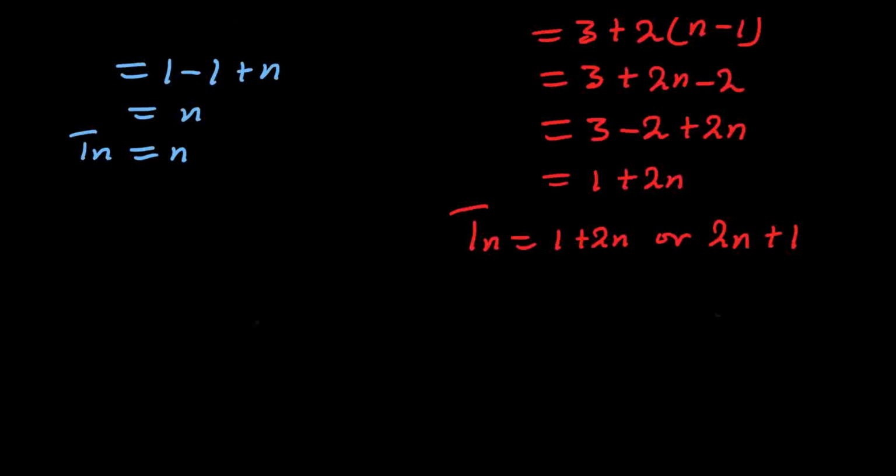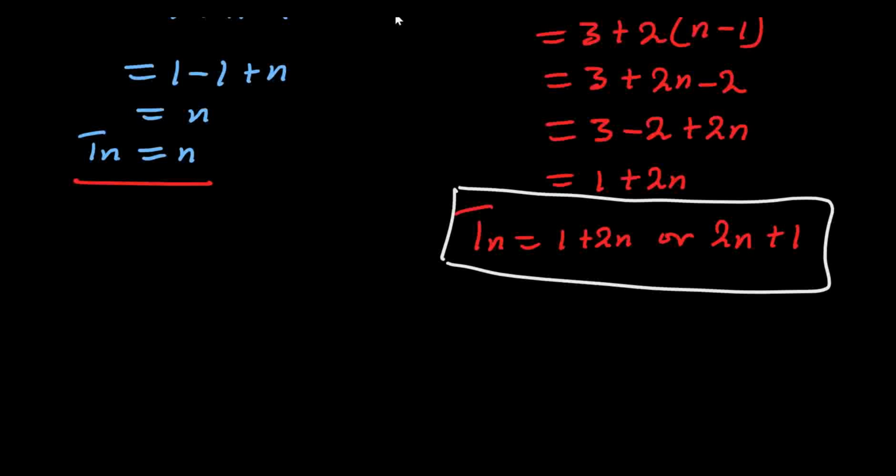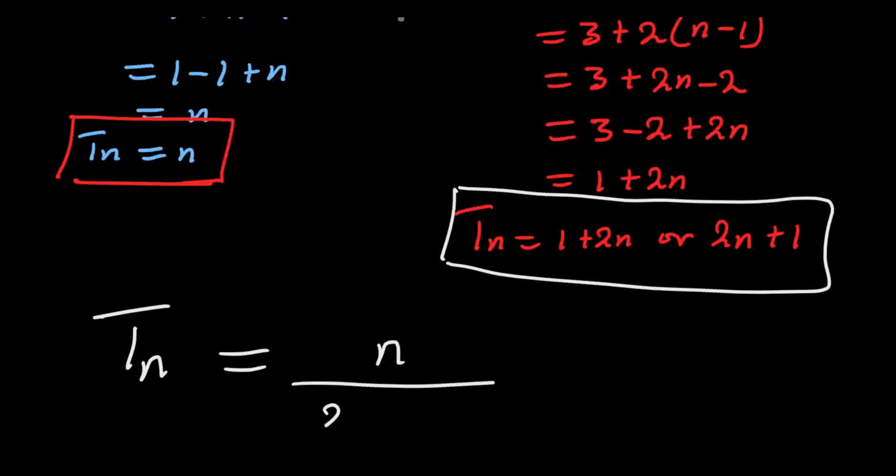So the nth term of the sequence can now be written as, this is the nth term of the numerator, and this is the nth term of the denominator. So all we have to do now is to write the nth term of the sequence, which is Tn is equal to n over 2n plus 1.